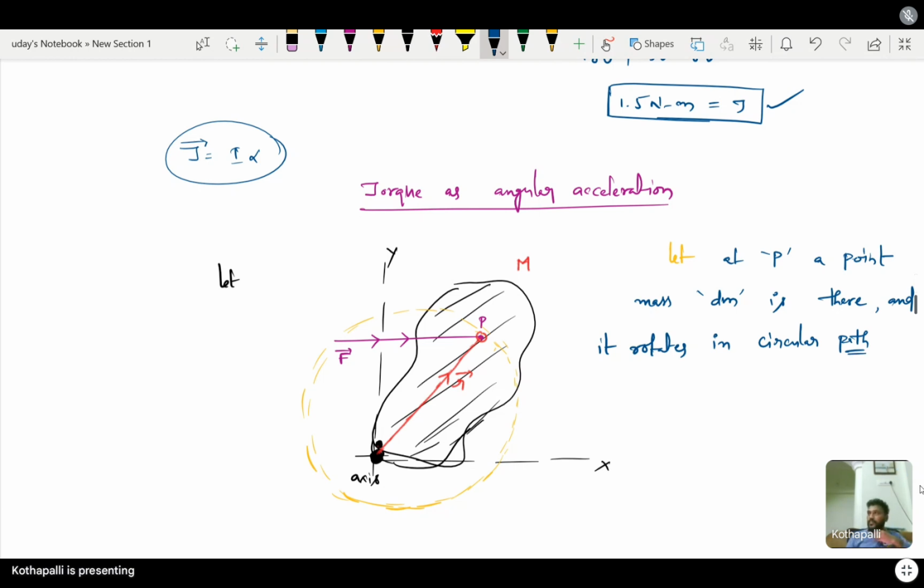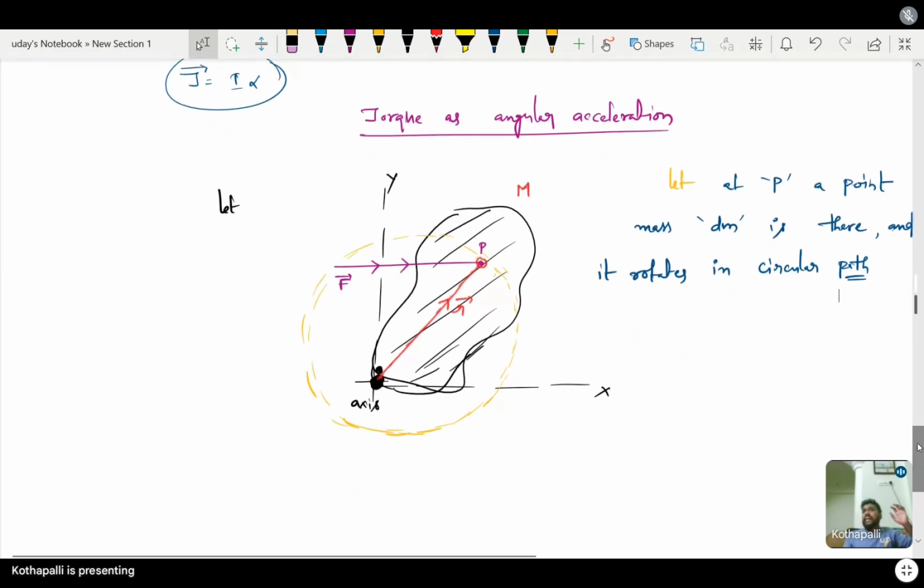Understand? Circular path. If it is rotating in a circular path, what acceleration will it have? Centripetal acceleration as well as tangential acceleration.